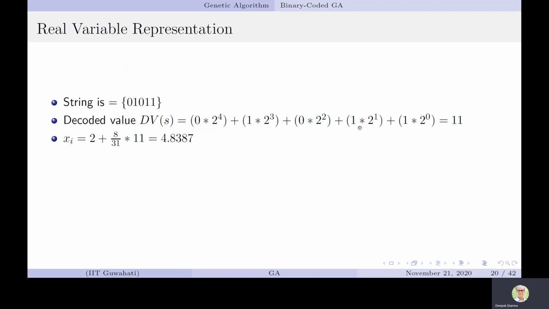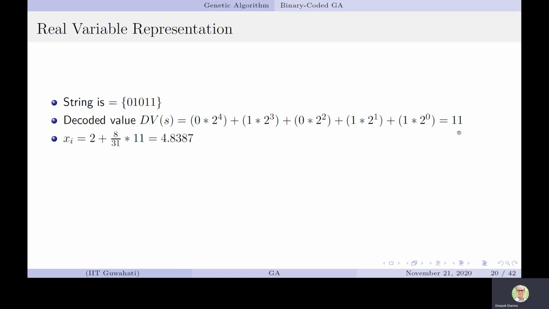Then we have 2 to the power 1 multiplied by 1. So this is the second from the right hand side. And similarly, if we write the decoded value, it comes out to be 11. So just see how we are finding the decoded value.